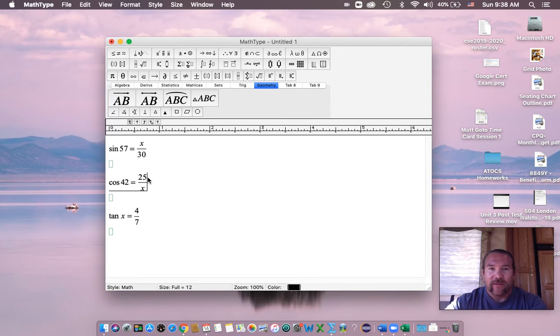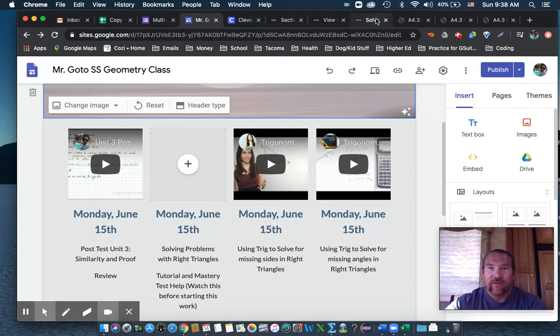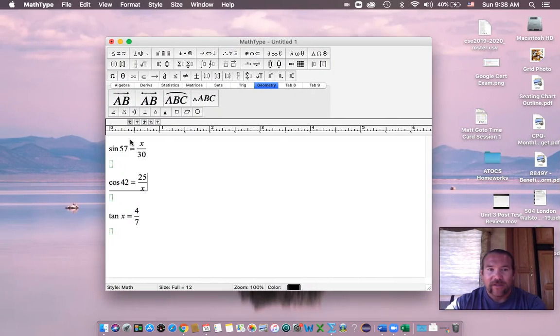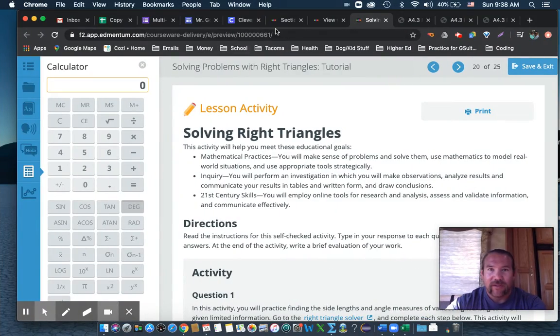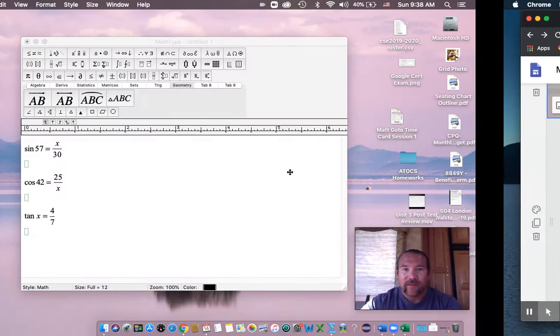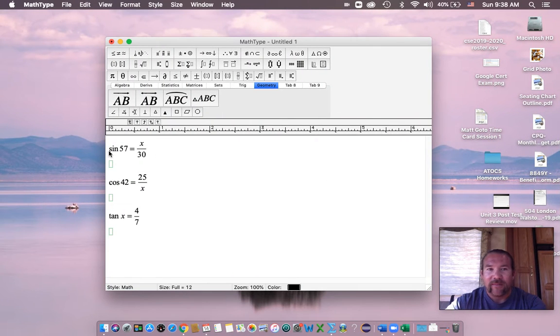Okay, so again, this is just walking you through how to use this calculator over here, because it's a different order than if you had a Texas Instrument like a TI-83 or something like that. Okay, so let's say after you've watched both of these videos, you're going through a problem and you get your problem set up towards sine 57 equals x over 30.